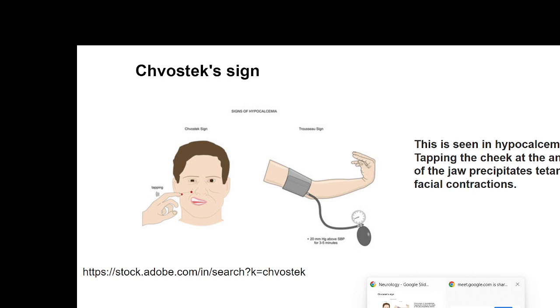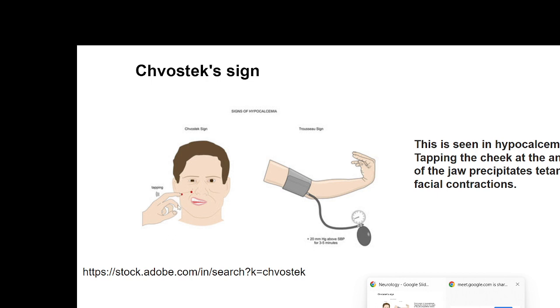This can happen. Then Chvostek sign is another sign, which is usually a sign of hypocalcemia, and it can be elicited in two ways. One, by tapping on the cheek, you will see that there will be tetanic facial contraction.